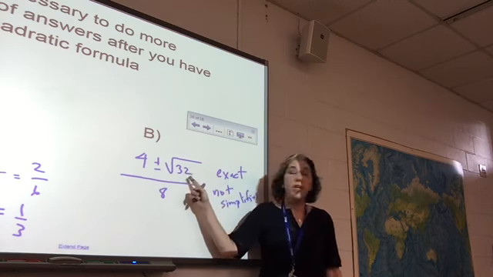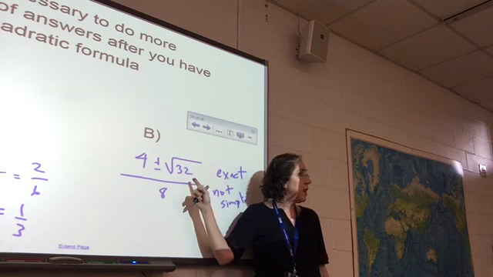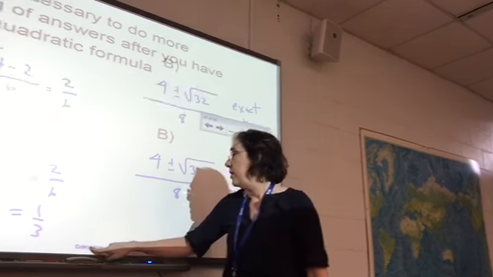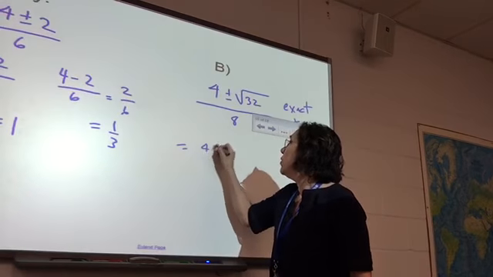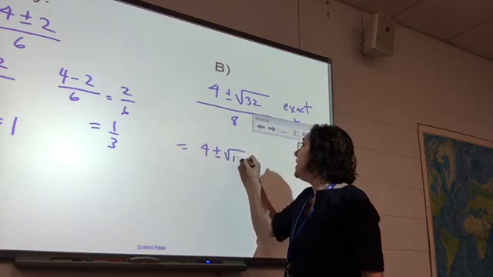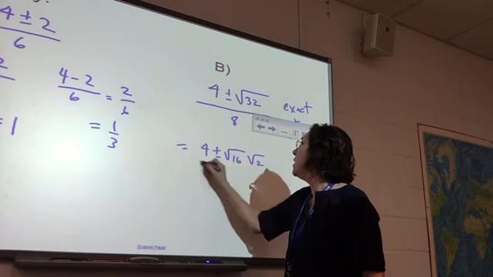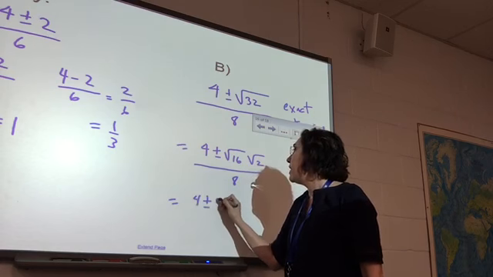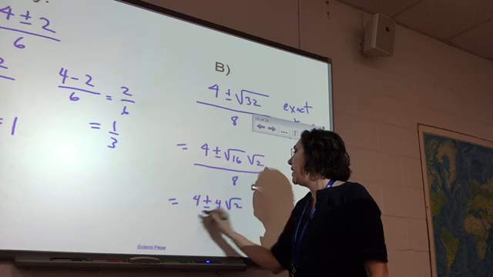Okay? 32 is 16 times 2. So we're going to think of that as the square root of 16, the square root of 2 all over 8, which is 4 plus or minus 4 square root of 2 over 8.